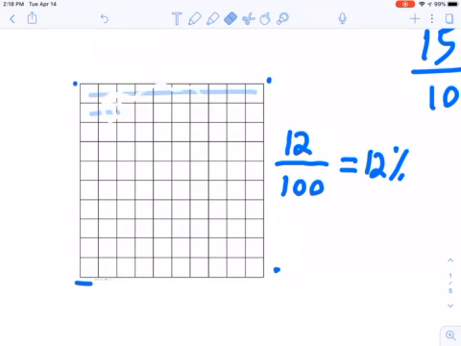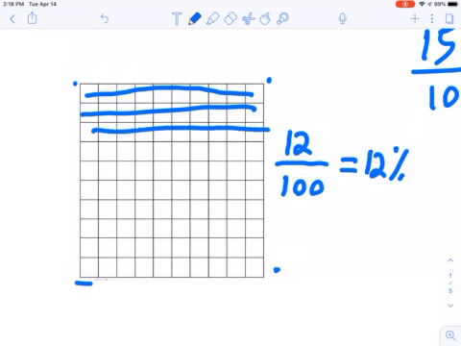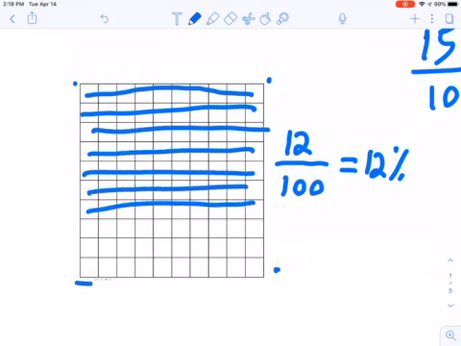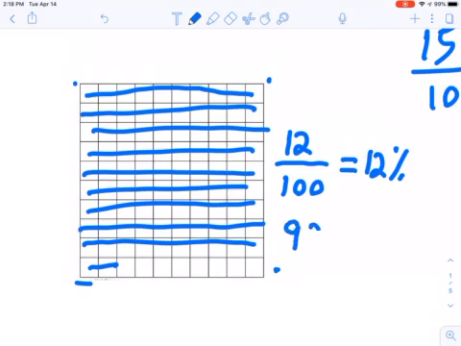Well, there was another kid in the class. He was quite a bit more successful than me. Instead of 12 questions correct, he got 92 questions correct. So what would his percent have been on that test?